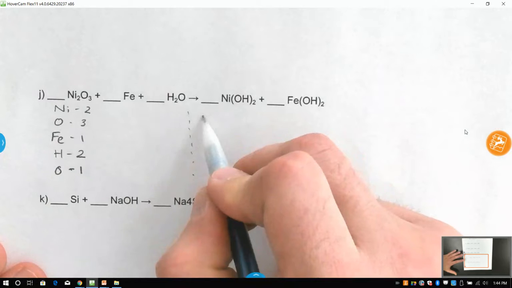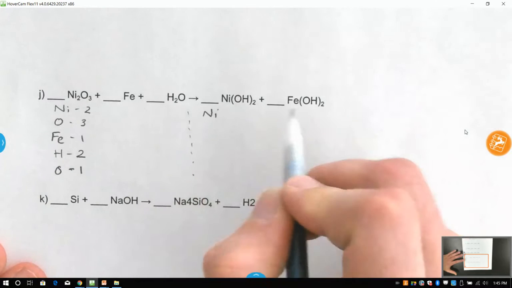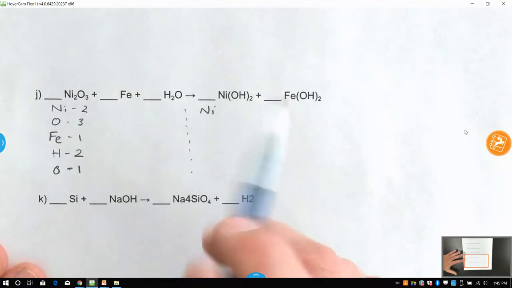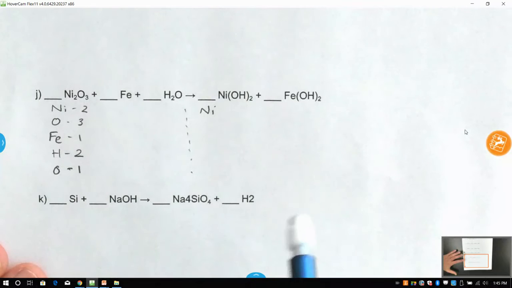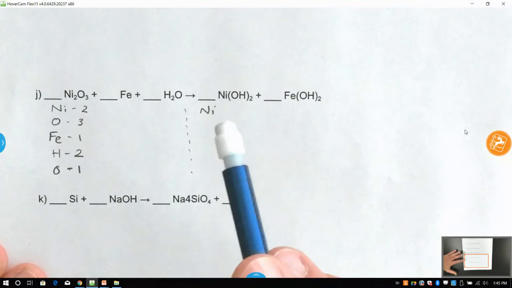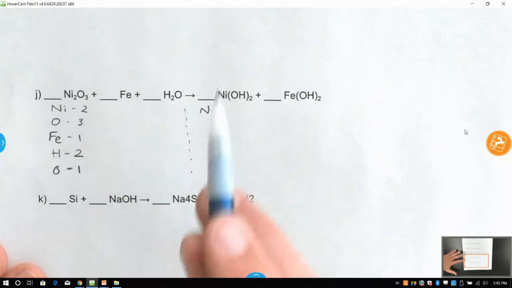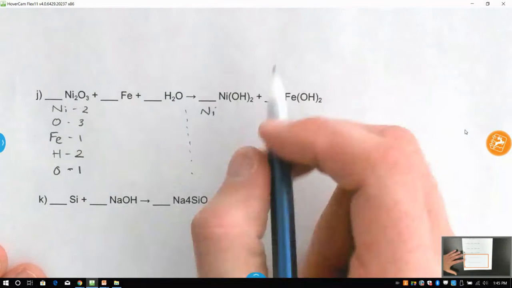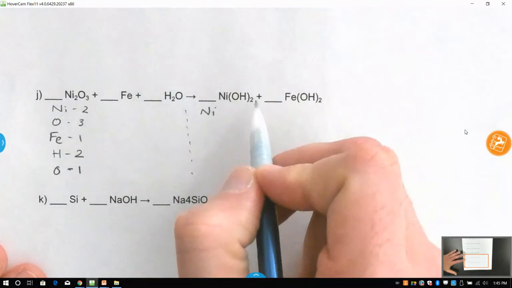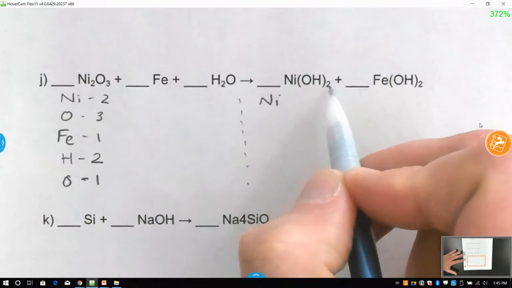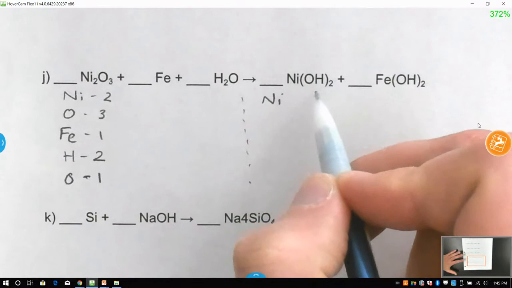Over here, 1 nickel. Now, OH with some barley, that's polyatomic. Can I group that together and just balance it? Well, no, because there's no OH together on the other side. So we have to split this up. Now, remember, this 2 here on the outside distributes to everything that's inside of it.